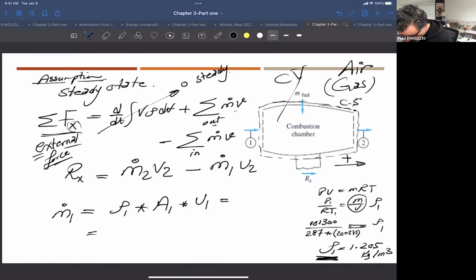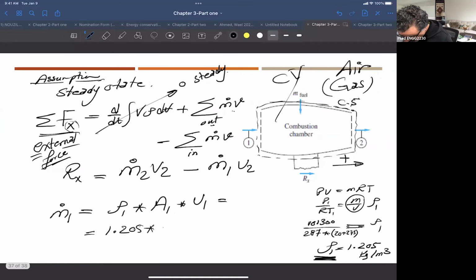So I know the density is 1.205, times the area given as 0.5 meter square, times the velocity here, 250. I can calculate this to be 151 kilograms per second.